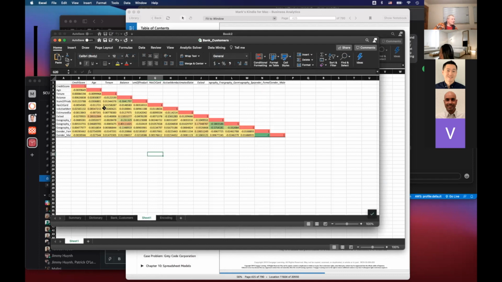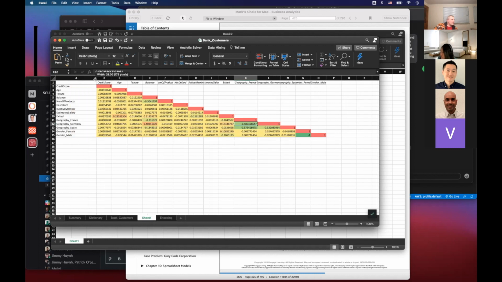And so here you can see that credit score correlates highly with credit score. And then when you look at geography France against geography Germany, France and Germany have approaching high correlation of negative 0.5, which is almost highly inversely correlated.